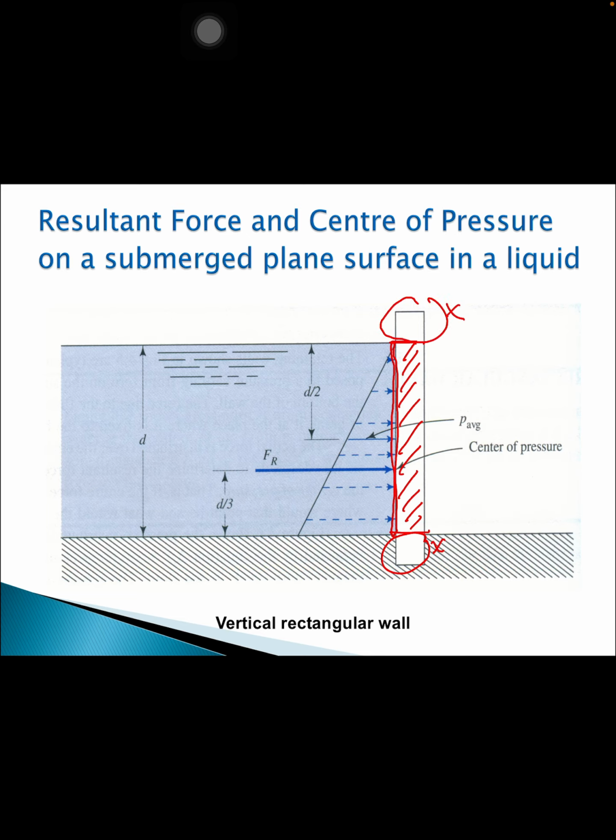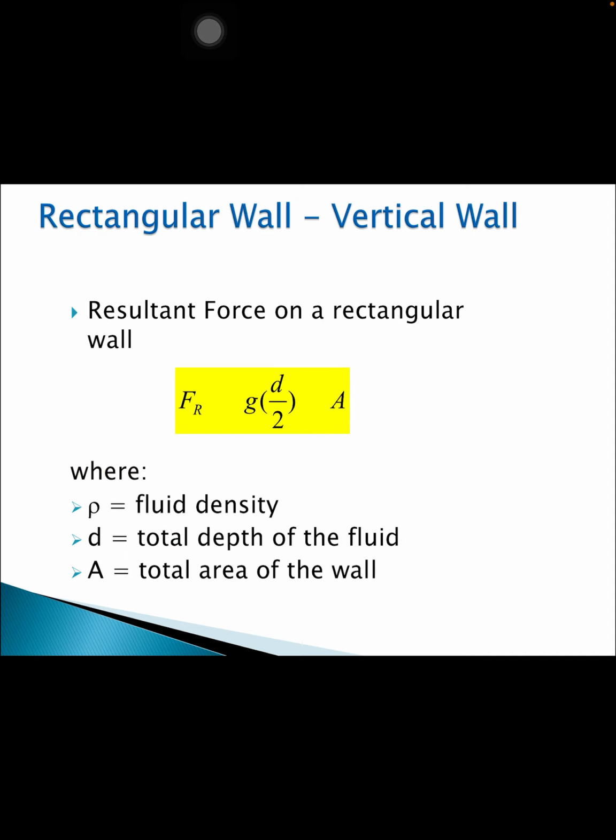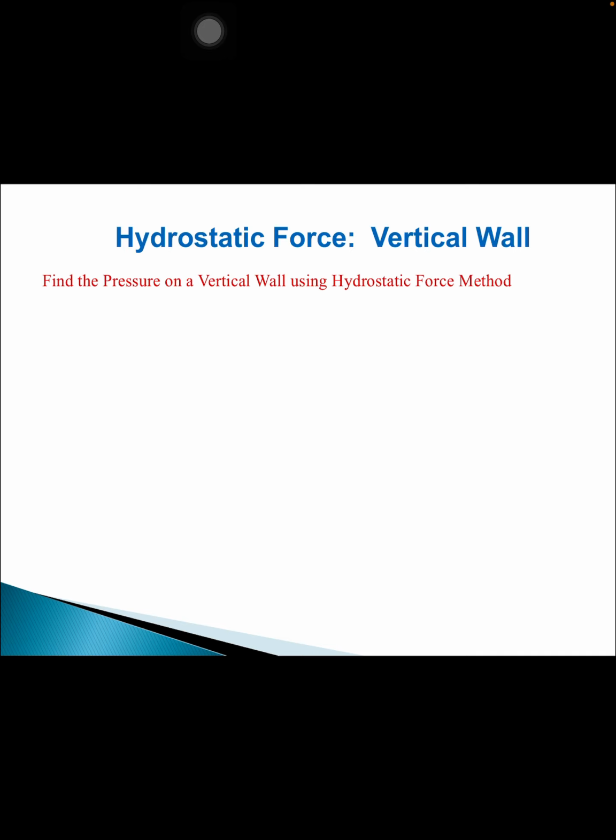Because it does not touch the liquid anymore, so it is not related to the pressure that comes from the liquid. This is the rectangular one, same as I informed you last time. We will see in the tutorial after this.